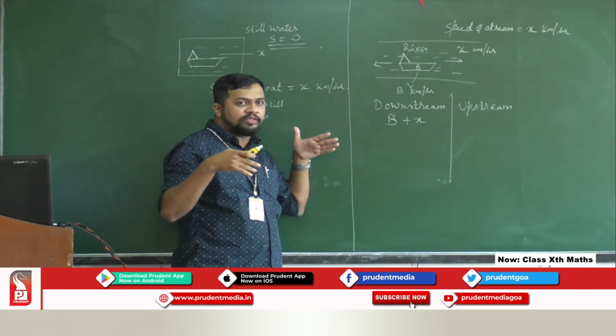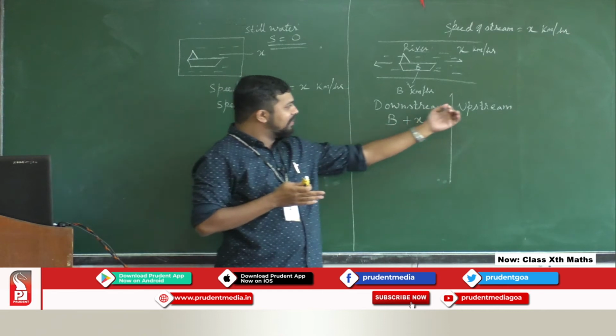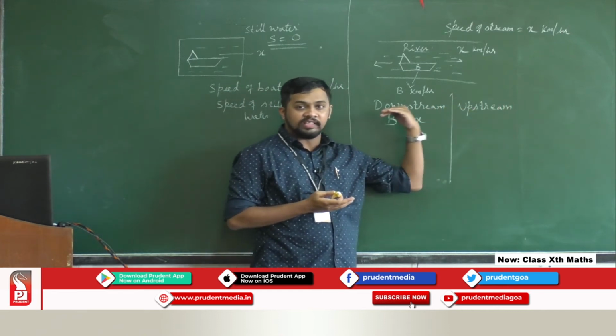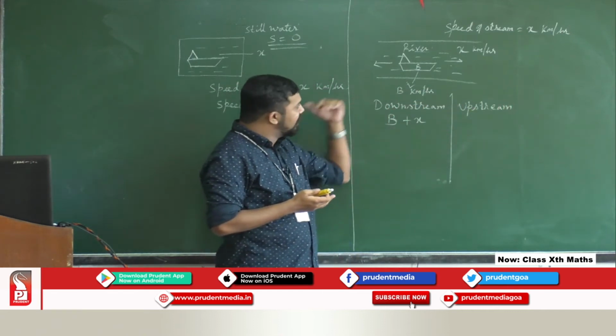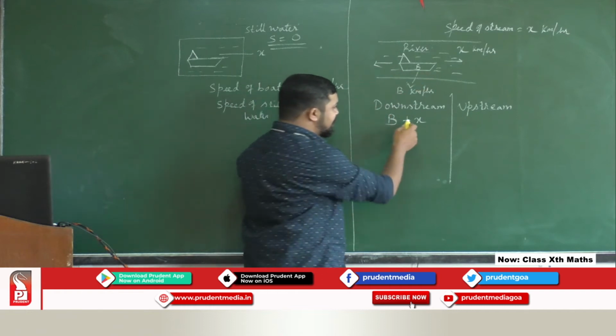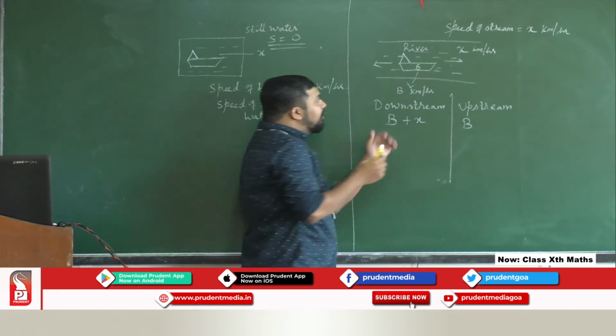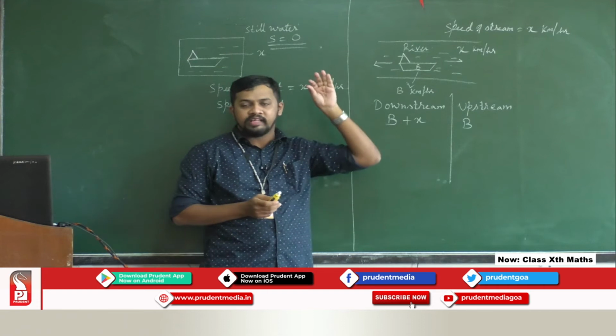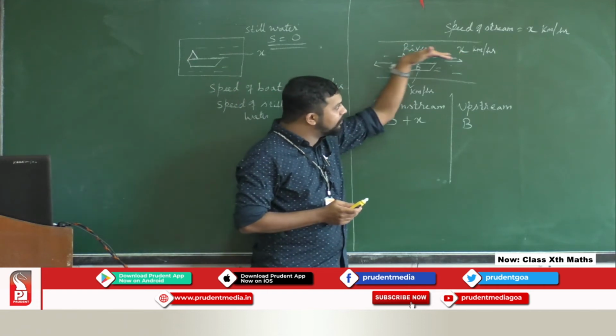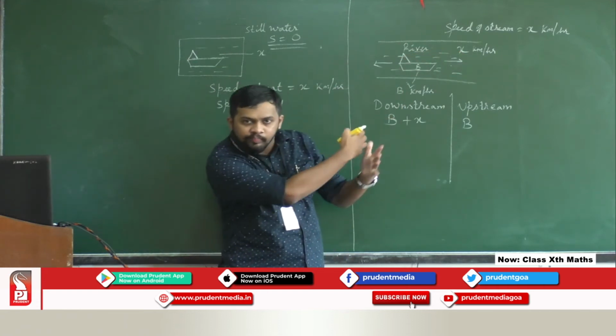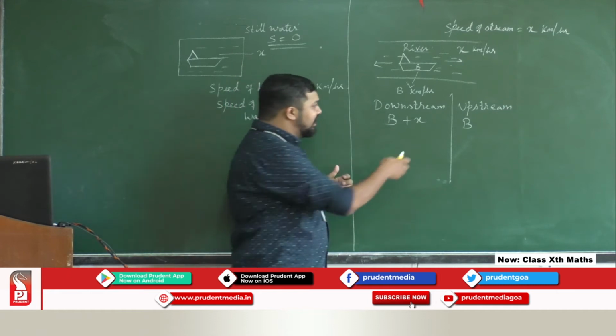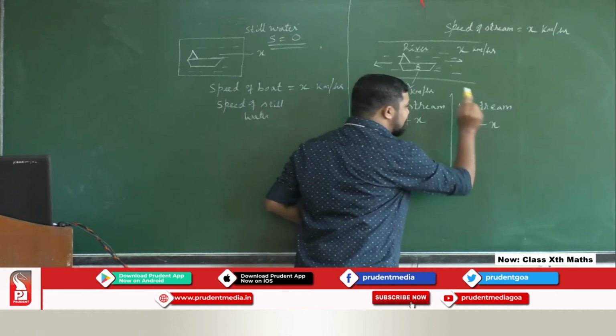In the first case, both were moving together, but in the second case, you are moving against the flow of the river. The boat is also having some speed, which I say B. When you are moving, this water is moving in this direction, it will oppose, it will pull you down, it will come backward. So it will be minus x.